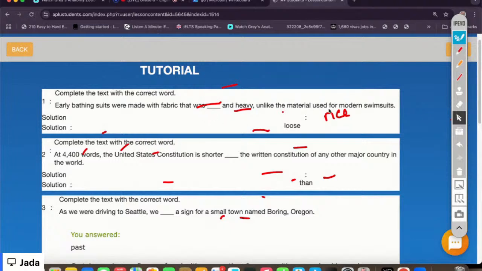All right, so I think it's sorted. So we will just move on and see the examples.